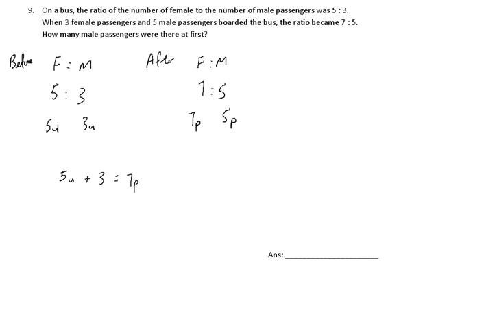And then, what else? 3 units plus 5 equals to 7 parts. 5 parts. So, where did you get the plus 3 from? It's here, right? Plus 3. And here is plus 5, right? Okay? Can?